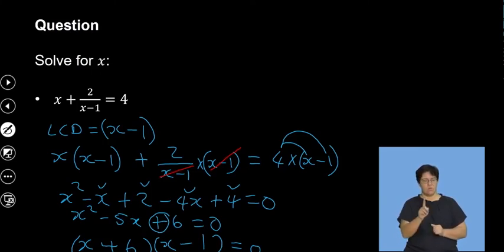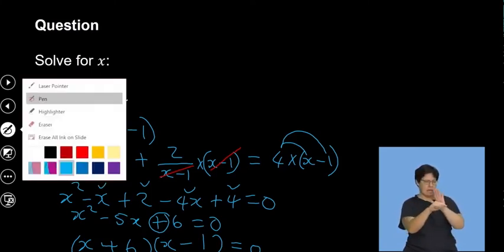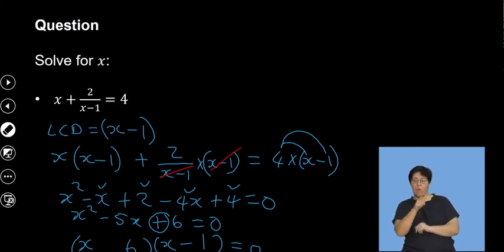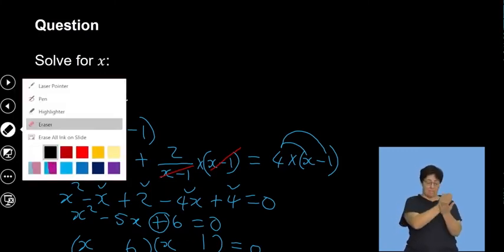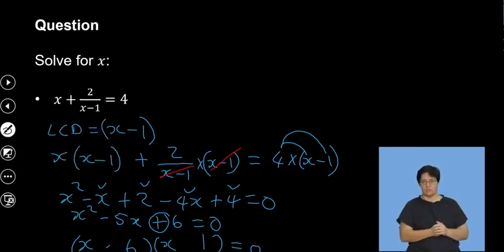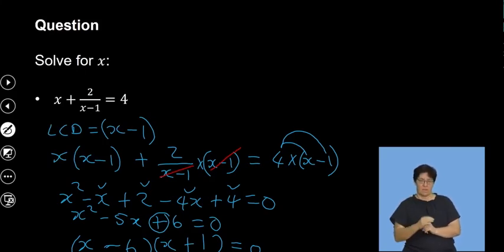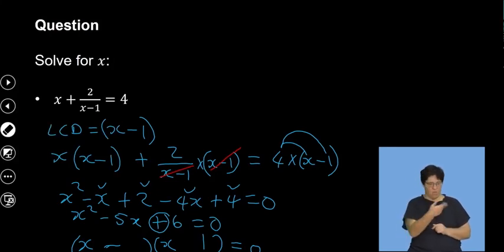The 6 must be a negative, sorry about that. The 6 must be a negative because the middle term is a negative, right? So this will be a negative and that will be a plus. So minus 6 plus 1 is negative 5. Minus 6 times that will be a negative 6. So it means the 6 and the 1 will not work then, you see. So that's how you then try to test these answers.